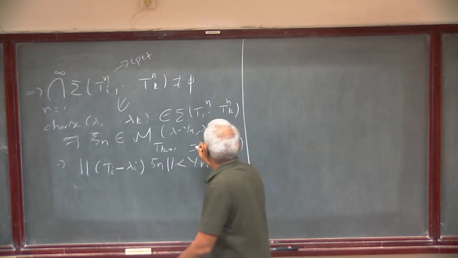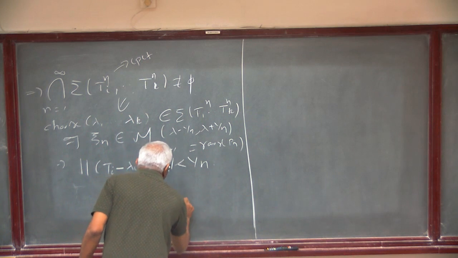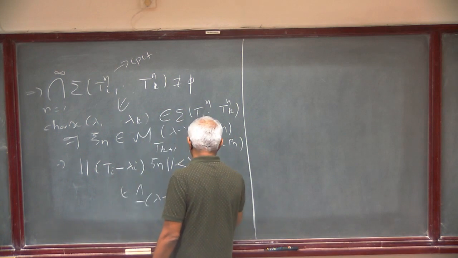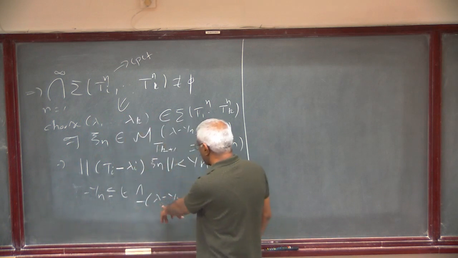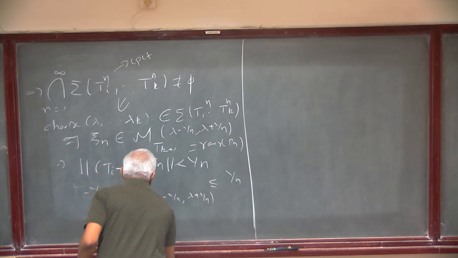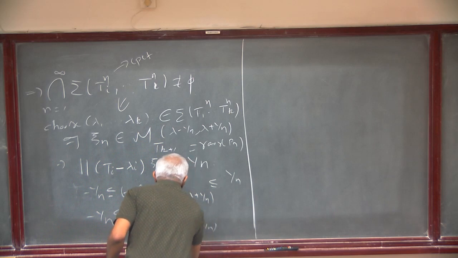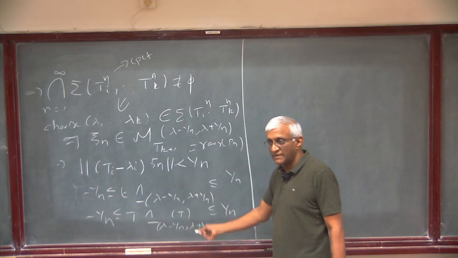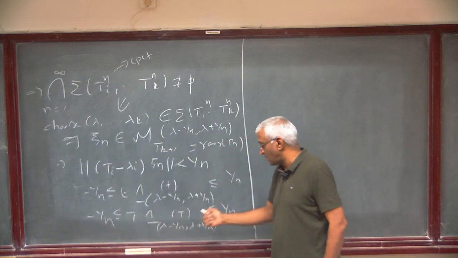This implies that T times the indicator of lambda minus 1 by n, lambda plus 1 by n is less than or equal to 1 by n and greater than or equal to minus 1 by n. The same inequality holds when you replace the function by the operator, since it is satisfied by the function.